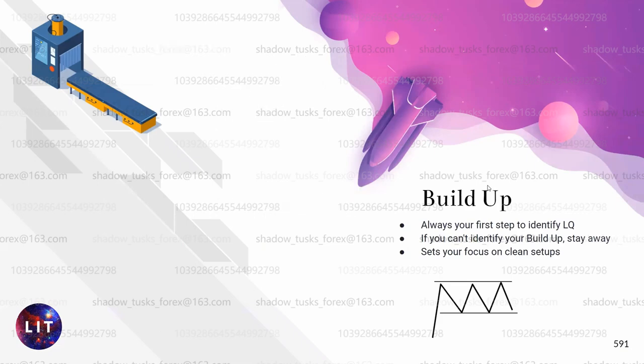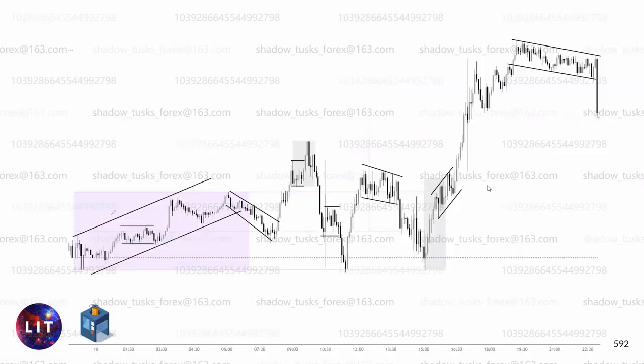Let us get it. So this one is fairly straightforward. We obviously have our up channel in Asia, and then within that up channel we have our little minor channels as well. Inducement low, inducement high, pullback, boom, boom, inducement high, boom, boom, inducement low, come into the midline, very interesting.